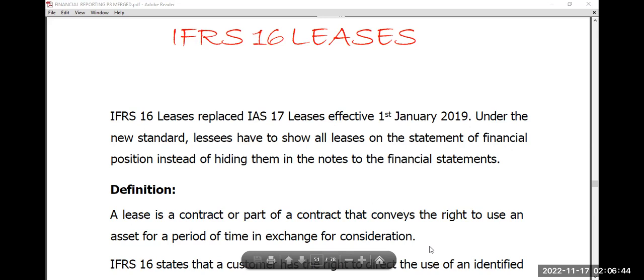The questions that are set below 2019 are going to be based on the old standard. So take note of that when you are getting questions from different question banks.